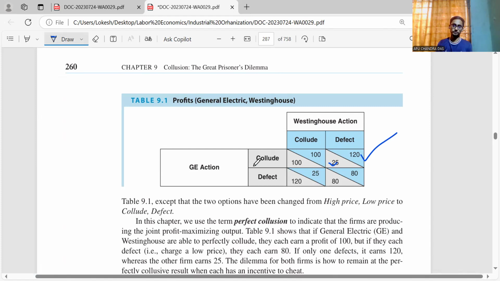Similarly, if General Electric defects, it earns 120, but if Westinghouse colludes, then its payoff becomes 25.